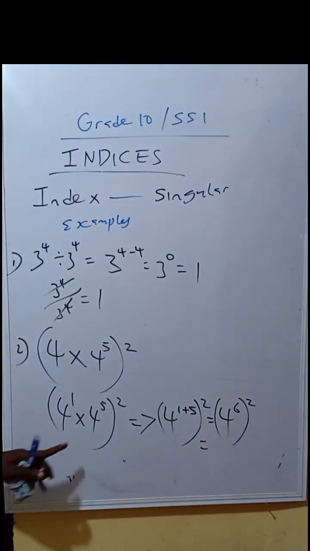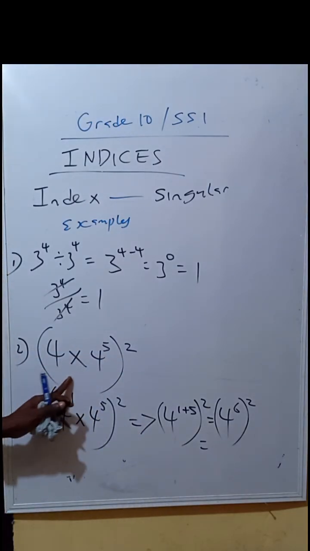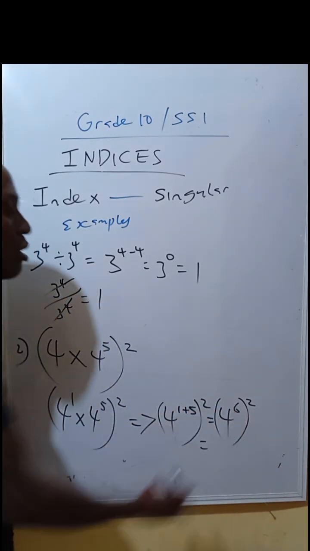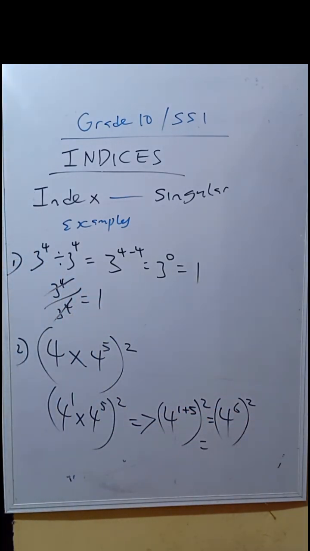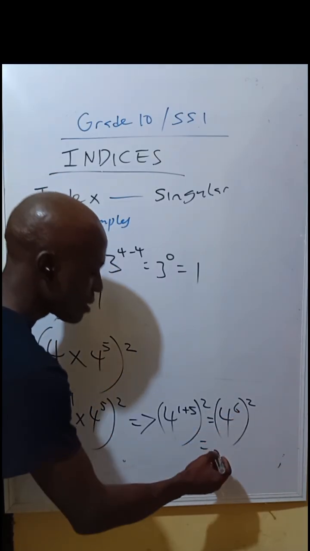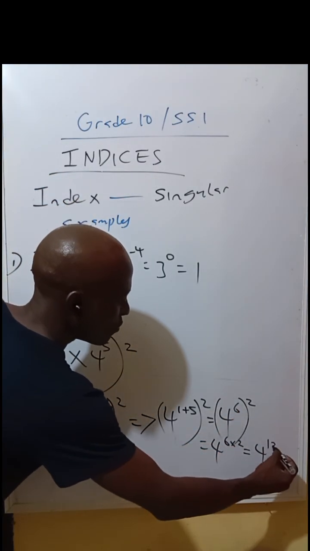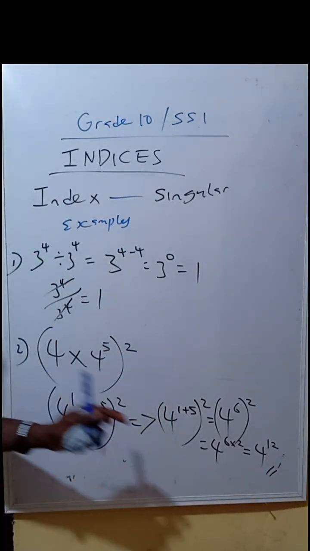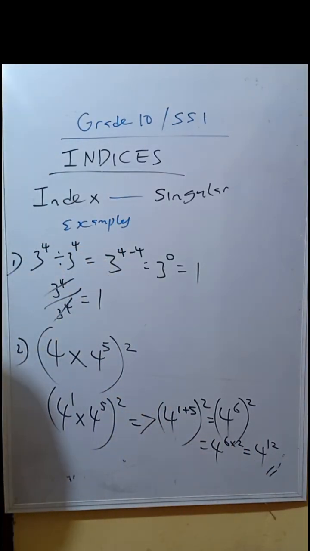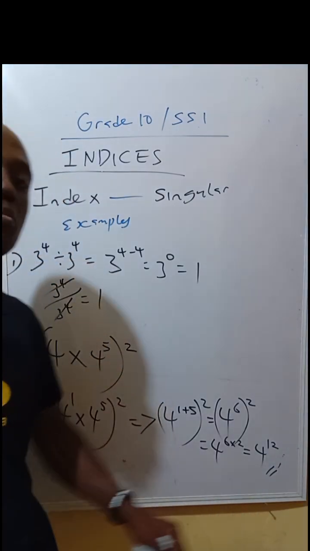The law of multiplication has given me 4 raised to the power 6 for inside the bracket. Then the law of brackets says that you multiply the powers, 6 times 2, which is 12. So the answer is 4 raised to the power 12. You can simplify this, but it's going to give you a very great number, so you can just stop here.